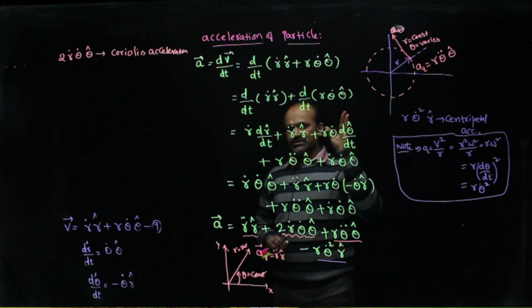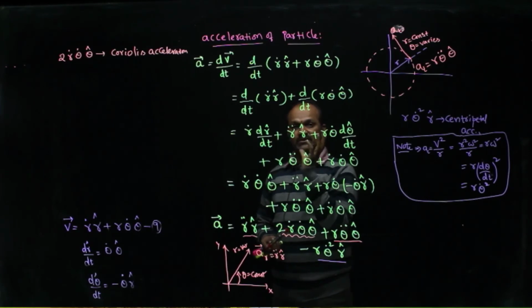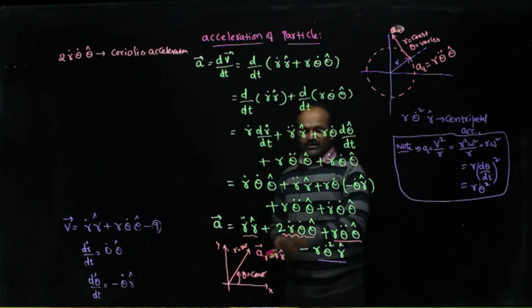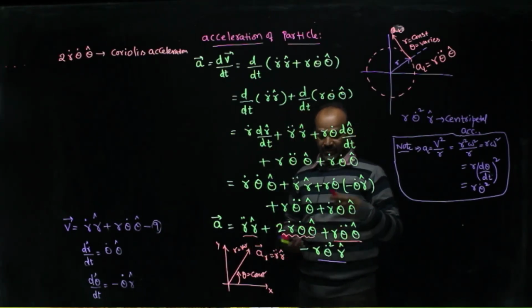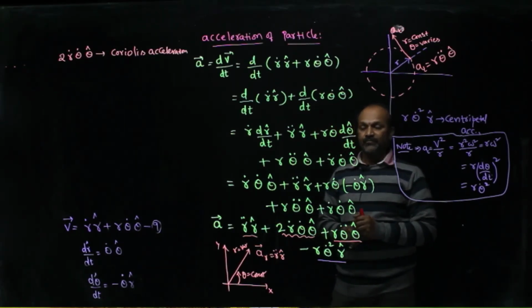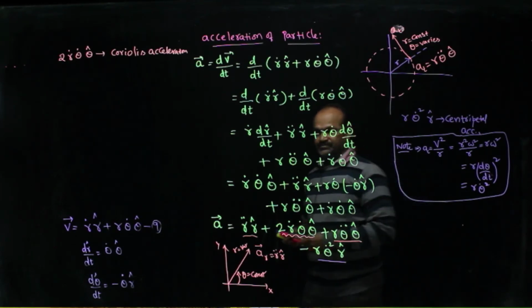Due to rotation, the centripetal is different. But if that insect also moves on the disk, then whatever force is developed in the system due to that moving is Coriolis force. This Coriolis force is the reason behind tornadoes, tsunami, etc. And this is the acceleration.